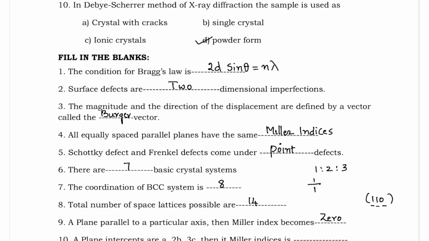Take reciprocals: 1/1 : 1/2 : 1/3. The LCM is 6. So 6 into 1/1, 6 into 1/2, 6 into 1/3, which gives 6:3:2. So the Miller index is 632.